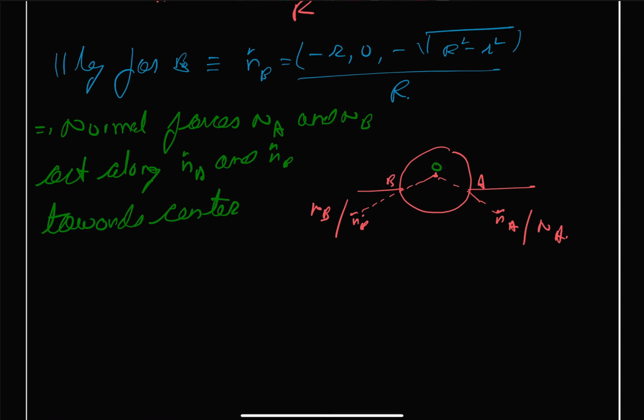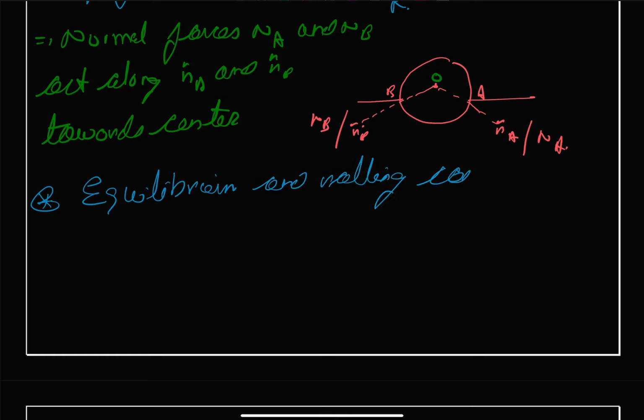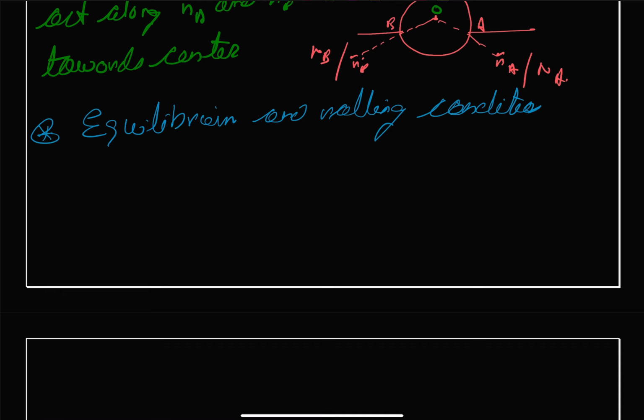Now, equilibrium and rolling condition. We do not want it to roll, so we can say the net torque about the axis through the point of contact must be equal to 0, or we can say forces must balance to prevent translational motion, because there are going to be two motions, translational as well as rotational.